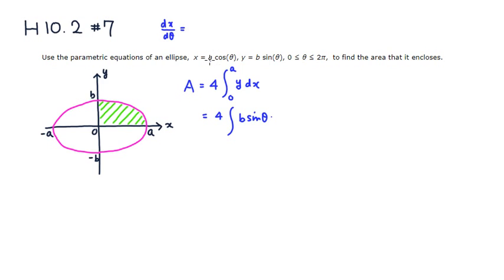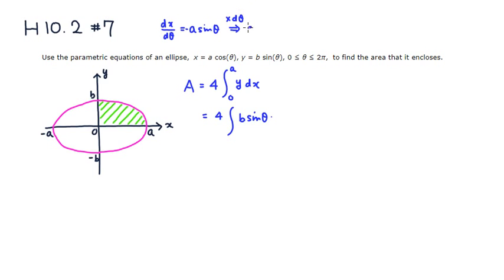Here's x. I'm going to take the derivative of x with respect to theta. A is just a constant, and the derivative of cosine is negative sine, so it's negative sine of theta. If you just want the dx, we simply multiply through by d theta.